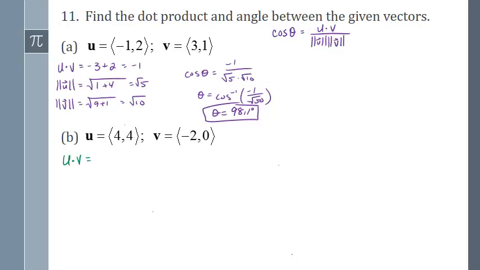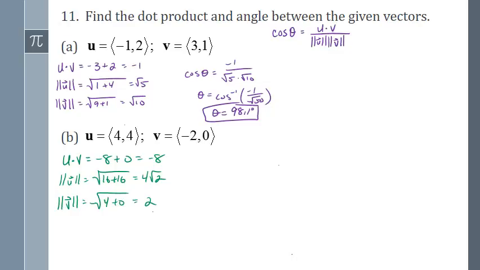Dot product is going to be negative 8 plus 0. Magnitude of u is radical 16 plus 16, which is 4 rad 2. And magnitude of v is radical 4 plus 0, which is 2.